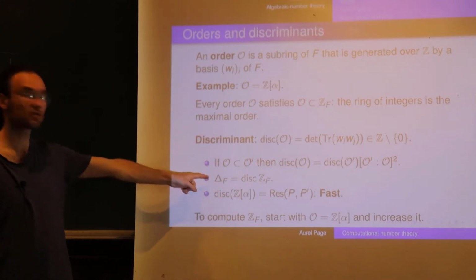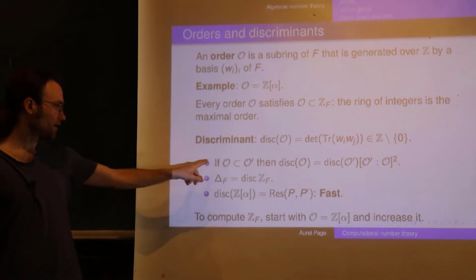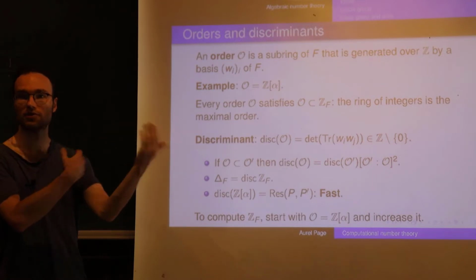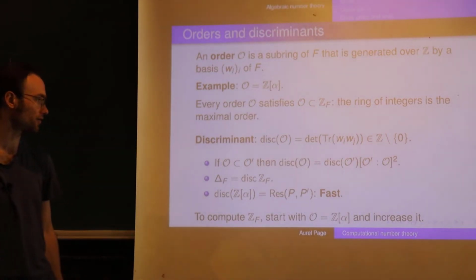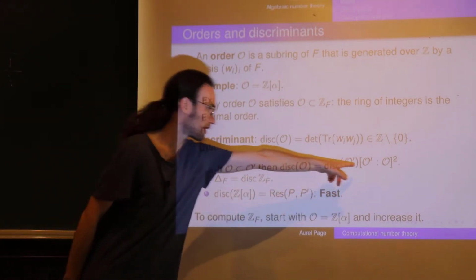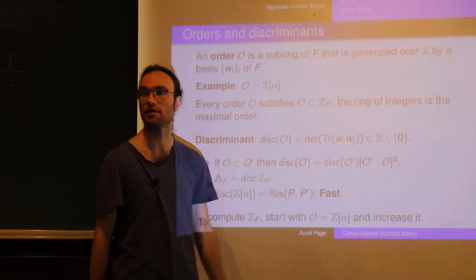The discriminant of F by definition is the discriminant of the ring of integers. If you have a containment between two orders, they will have finite index because they're both generated over Z by a basis of the field, and the discriminants are related just by the square of the index.